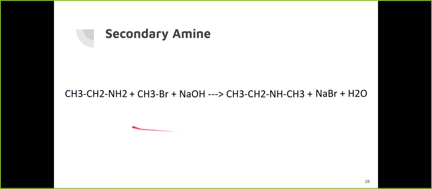A secondary amine. So we have the production of a secondary amine. So you've got a primary amine here, this ethyl amine, reacted with a methyl bromide in the presence of sodium hydroxide. And then this is going to give you your 2 R groups on either side, the ethyl group and the methyl group.